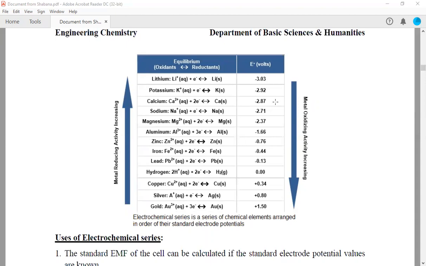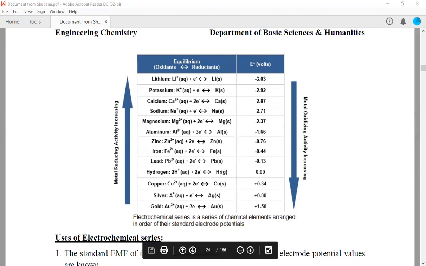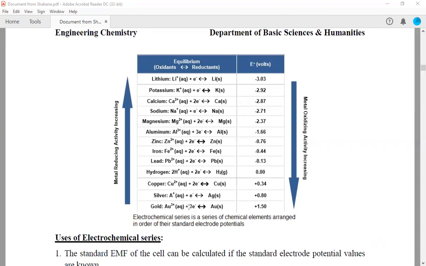The metals high up in the series are strong reducing agents and their ions are stable, whereas those near the bottom of the series are inactive, stable metals, and their ions are easily reduced to metals. Any metal can displace any cation below it in the series from its 1 molar solution.